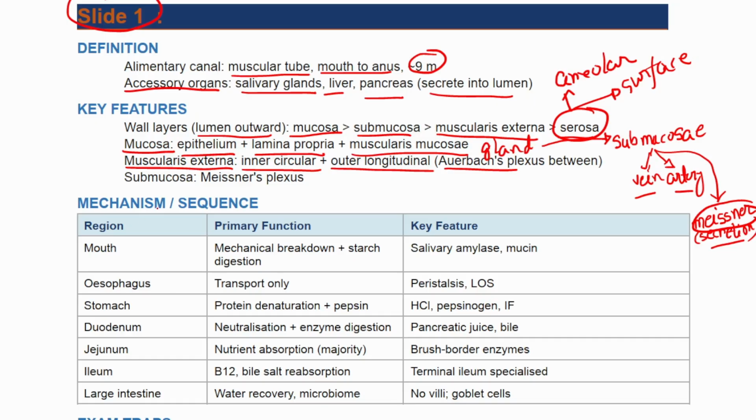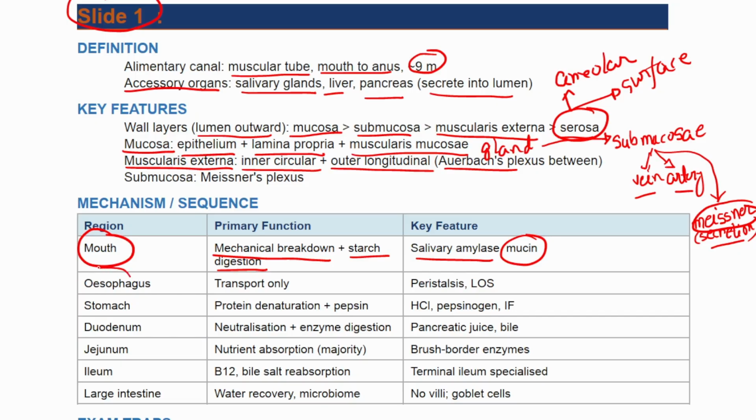Now, the entire digestive tract or alimentary canal is divided into specialized zones with unique features, starting with the mouth, which incorporates the protective palate, uvula, muscular tongue, and sharp teeth, and cooperates with the sublingual, submandibular, and parotid salivary glands to manage mechanical breakdown and starch digestion using salivary amylase and mucin.